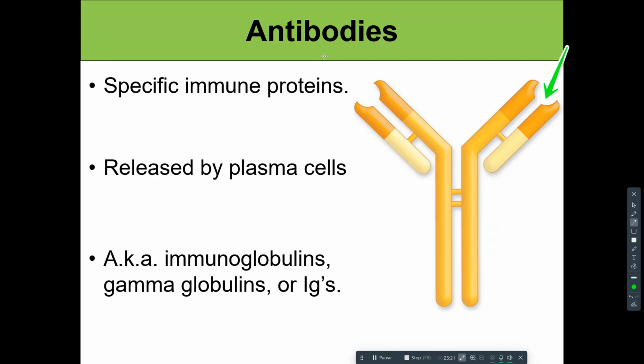They have two antigen binding sites, here and here. Imagine a person with his arms out, and the two hands are where it's grabbing onto antigens. And not any random antigen, but a specific one.